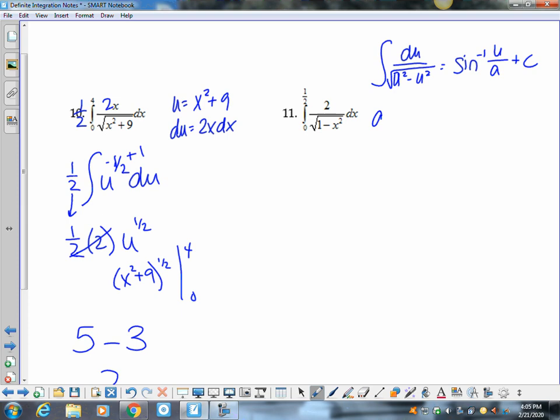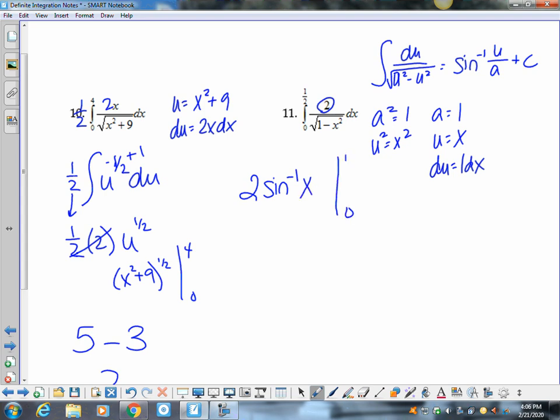So here my a squared is a 1, my u squared is x squared. So my a is 1, my u is x, and my du is a 1 dx, which means I don't need anything, but it also means I have an extra 2. So I'm going to pull this guy out just so he's out of the way. And this is going to give me sine inverse of u over a, so x, from 0 to 1/2.